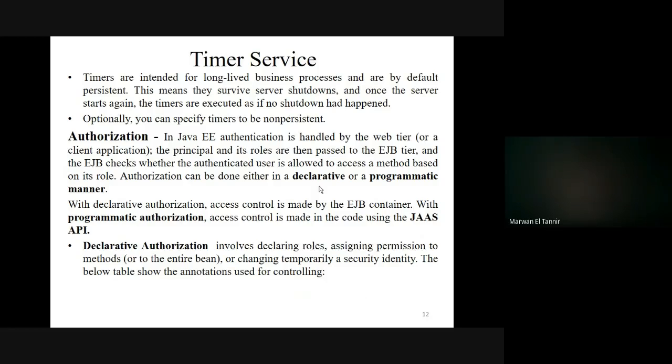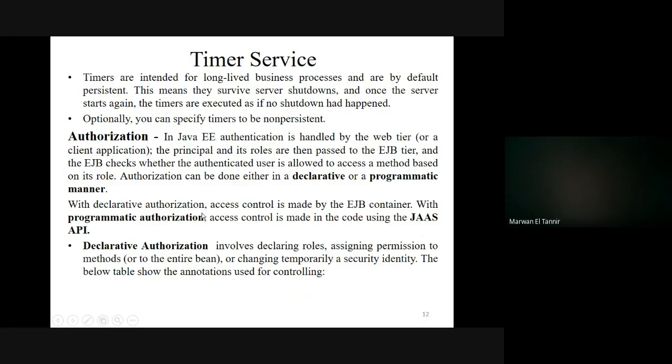So this is what we call authorization. For example, an admin is authorized to use the delete method, while a normal user is not authorized to use delete methods. So we use them declaratively or programmatically inside the Enterprise Java Bean.